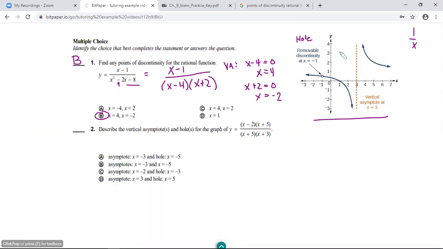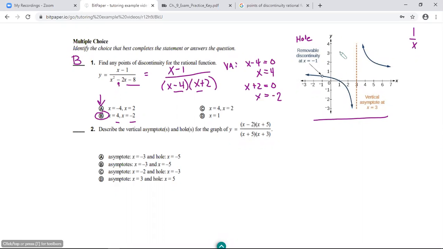Do not fall for A. That's called a distractor. A lot of students will think that the factors are what you're looking for, but no, you have to make it equal to 0 and get the actual values where the graph has a vertical asymptote. So that's the first question.